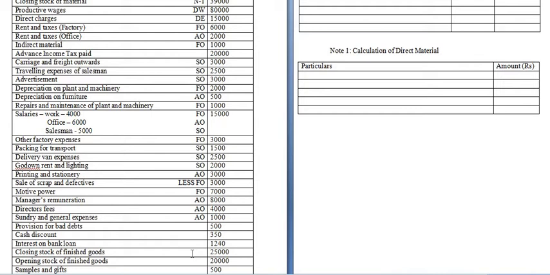Now this closing stock of finished goods should be deducted, less from cost of production. Okay, opening stock of finished goods, add in cost of production. Okay, now samples and gifts. Samples and gifts, it is selling and distribution overheads.